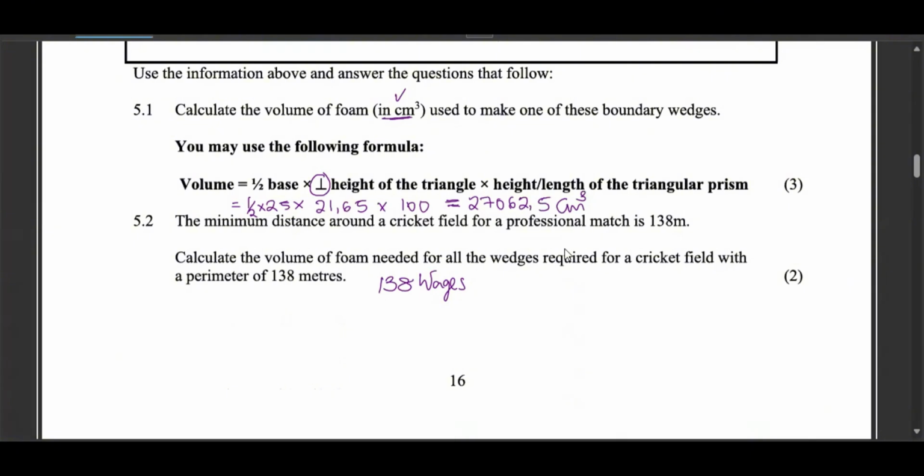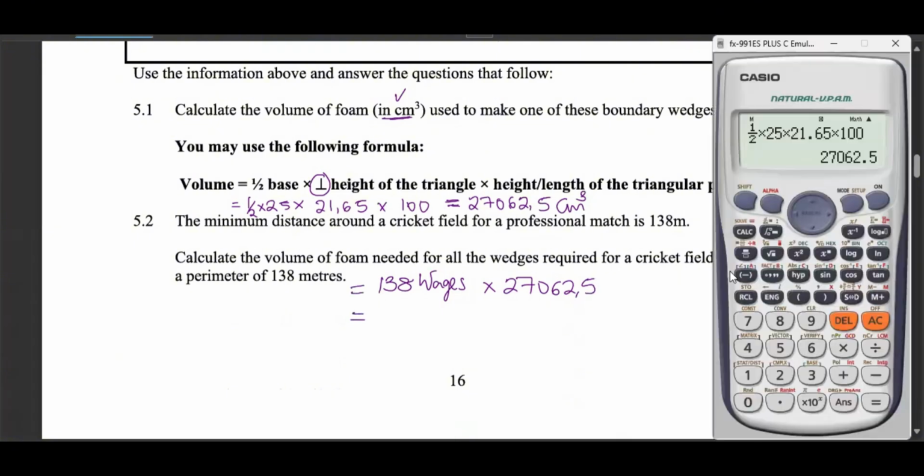So it will be 138 times the volume that we've just got, the 27,062.5. Oh, we already have it here. All I need to do is to multiply by 138.